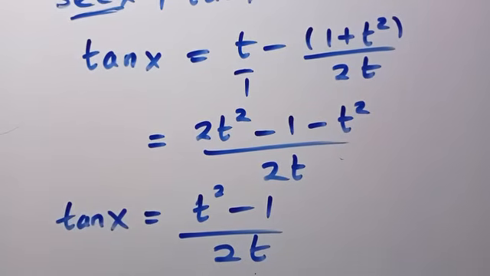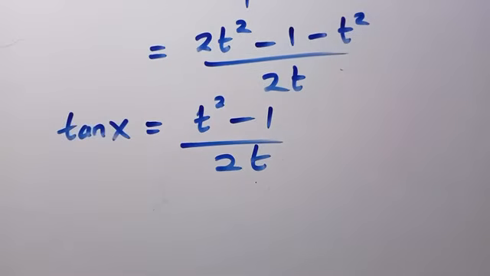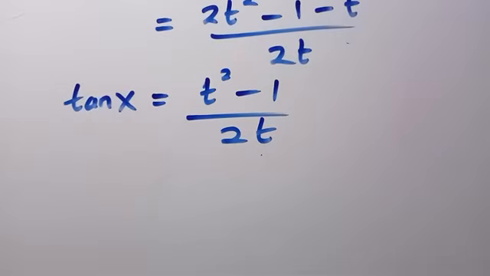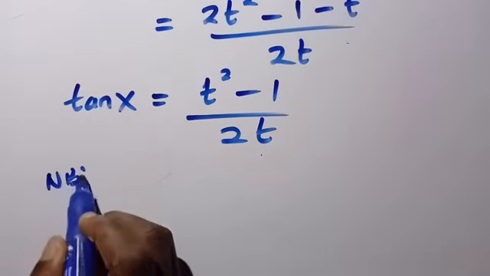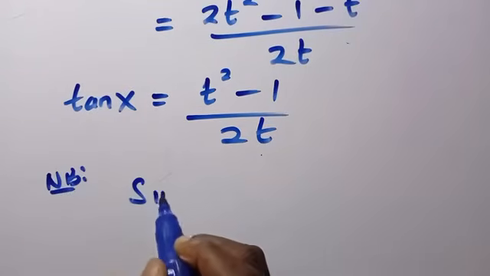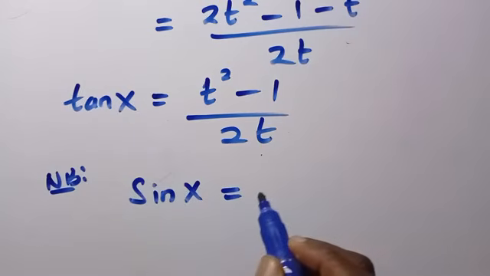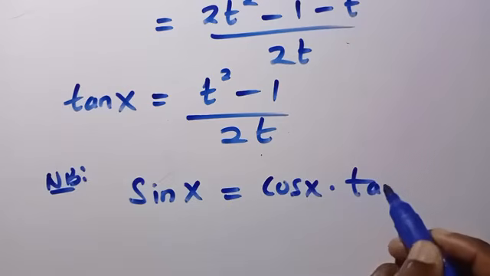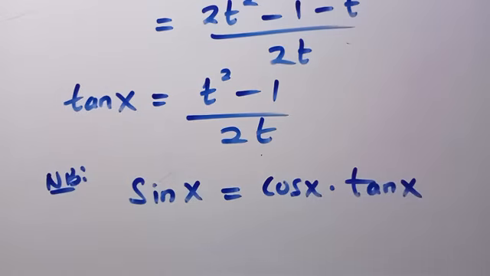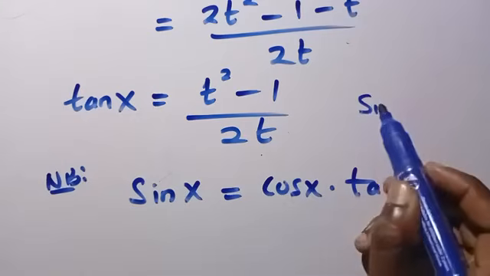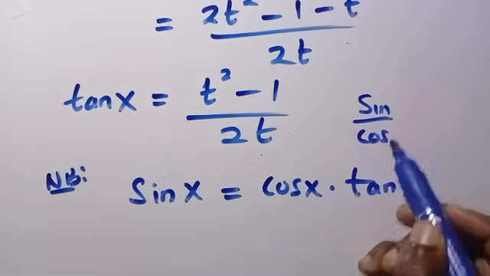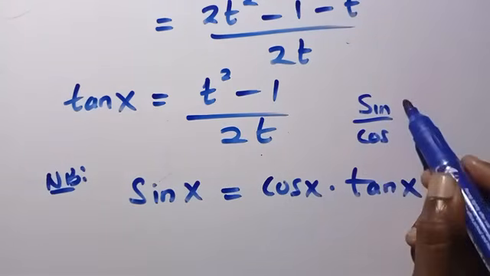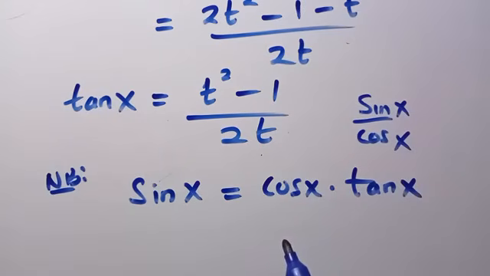The next step is to find sine x. To get sine x, let's recall that sine x equals cos x multiplied by tan x, because tan x is given as sine over cos, and when cos cancels cos, we are left with only sine x.